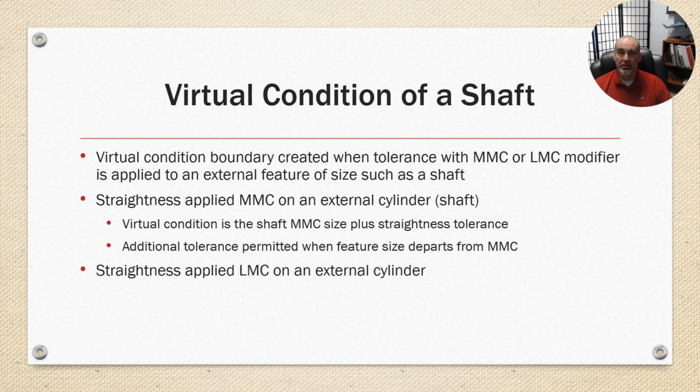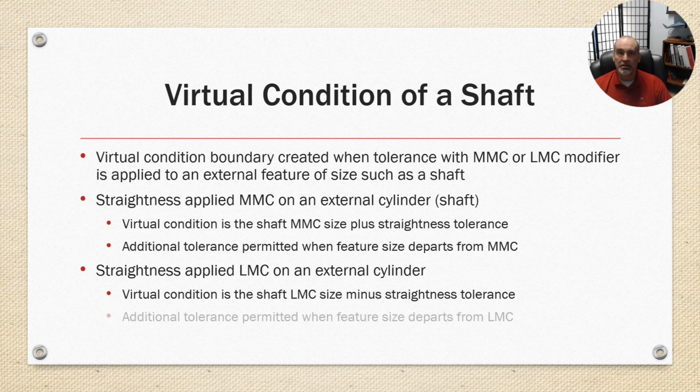Straightness applied at LMC on the external cylinder: the virtual condition of the shaft is the LMC size minus the straightness tolerance, and additional tolerance is permitted when the feature size departs from LMC.